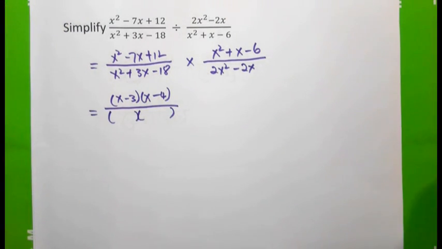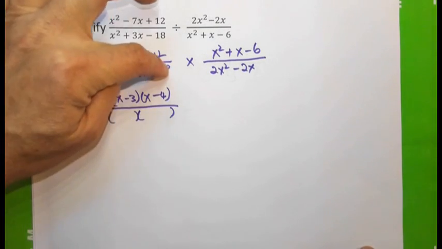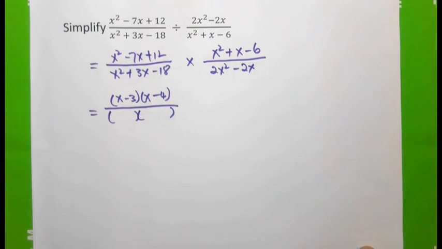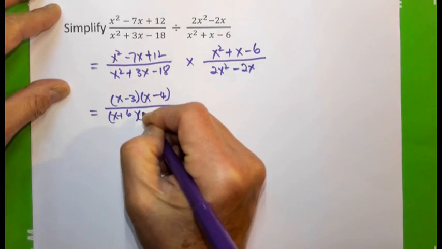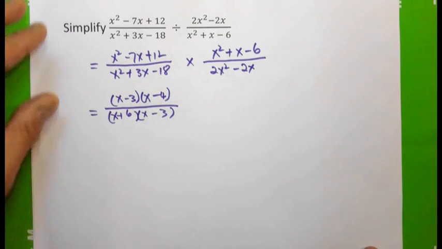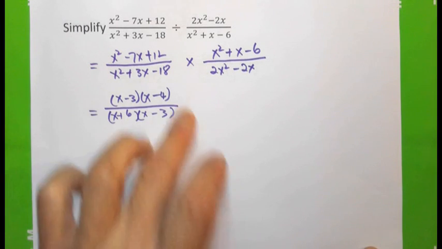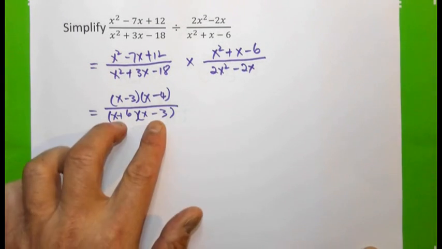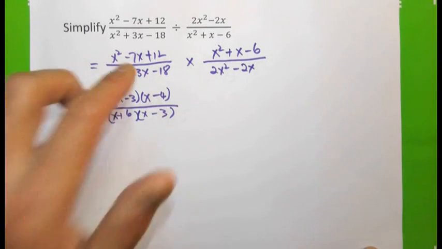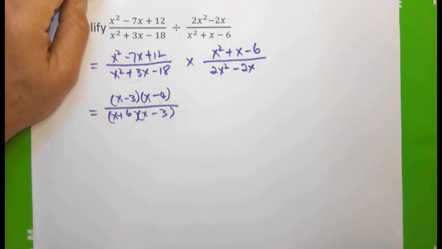How do you factorize that? It's actually x plus 6 and x minus 3. The product of plus 6 and minus 3 is minus 18. Okay? Adding both of them together gives you plus 3x.